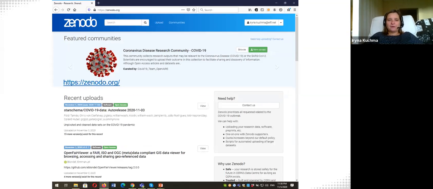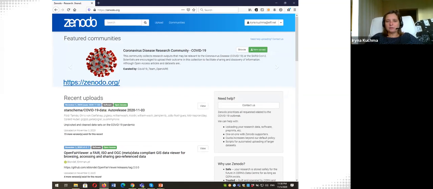What we also have in OpenAIRE, we supported Zenodo, which is a shared repository for anyone who might not have an institutional or subject-specific repository, but would still like to make research results available.